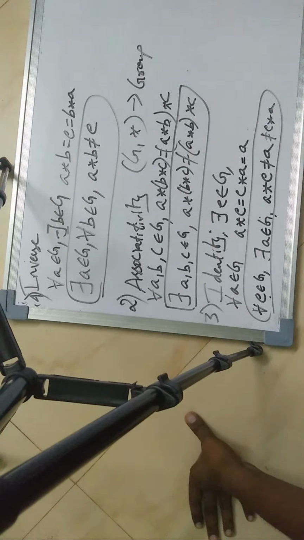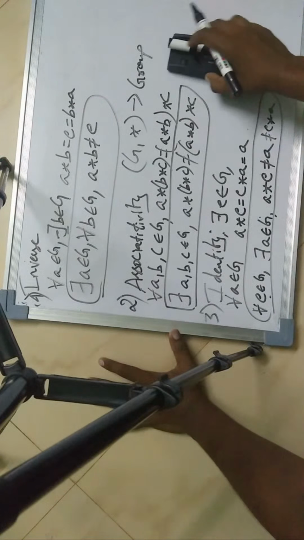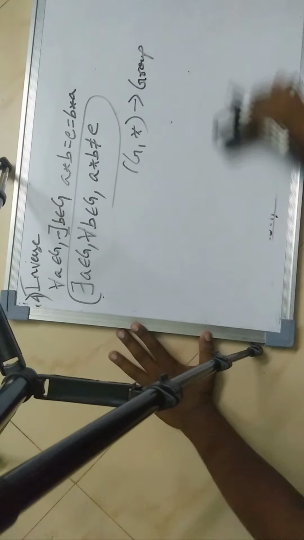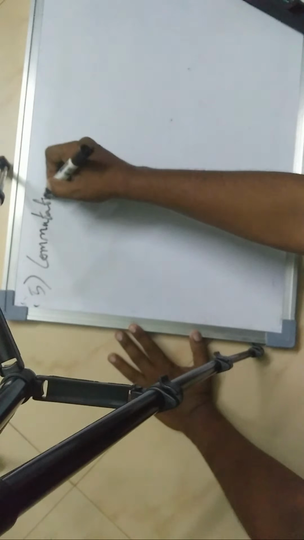Okay. Now, there is one another property which not every group satisfies, but there are a few groups which satisfy this property. We are going to number it the fifth property, which is the commutative property.